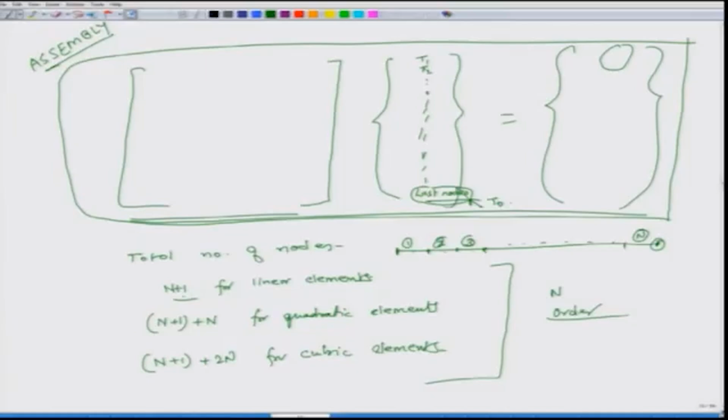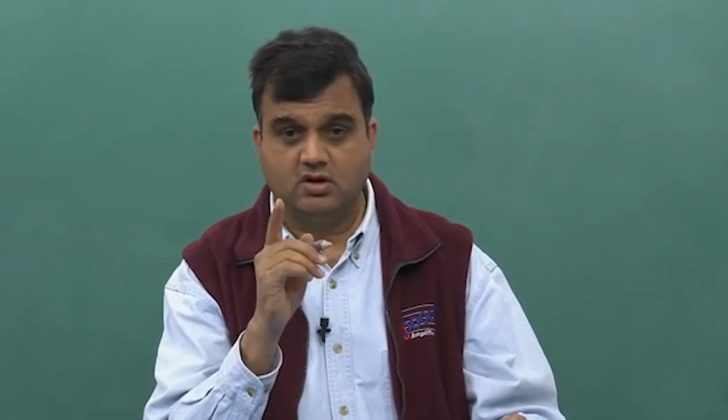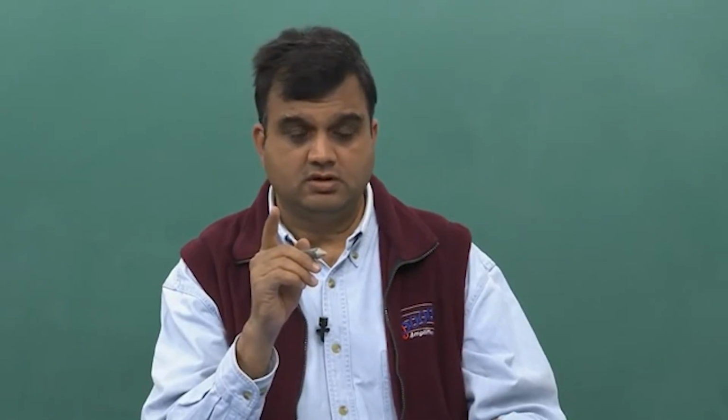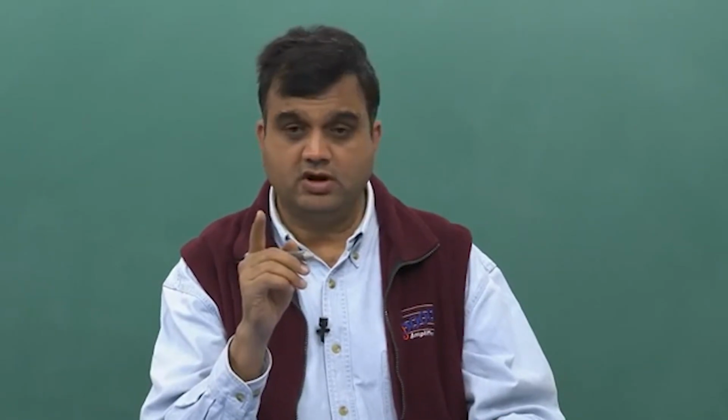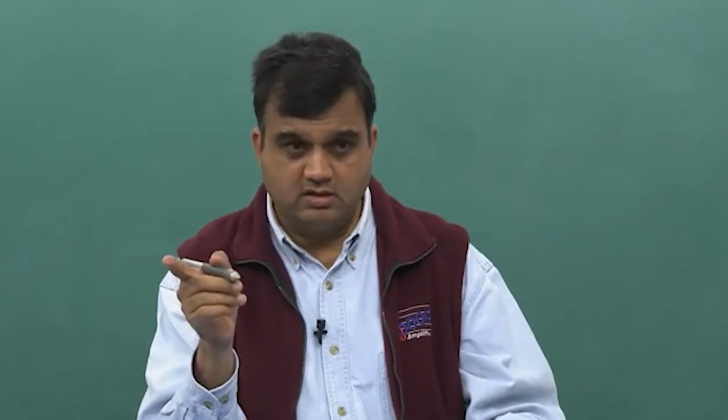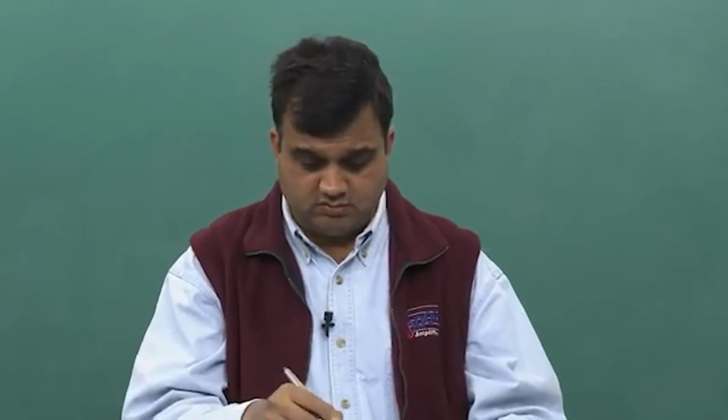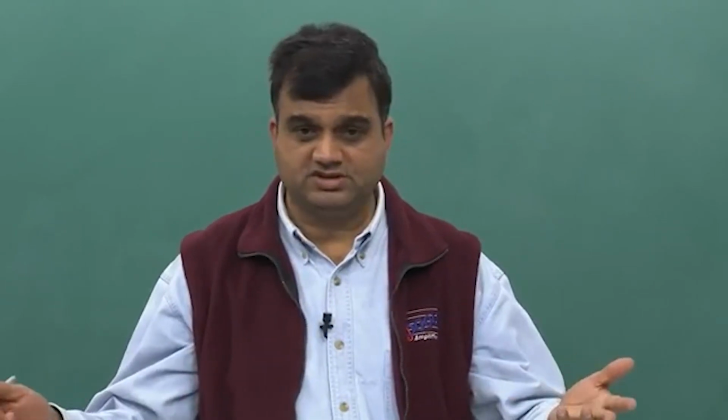This is what we accomplish through the assembly process. How it happens we will learn later, but at this stage we compute all the unknowns and get the numerical solution for the problem. We do not get a formula, we get a numerical solution, because when you are using matrices you will get some numbers. That is what I wanted to discuss. Thanks.